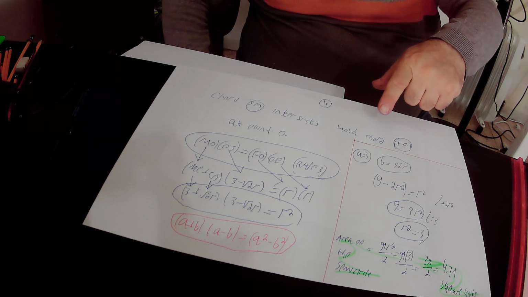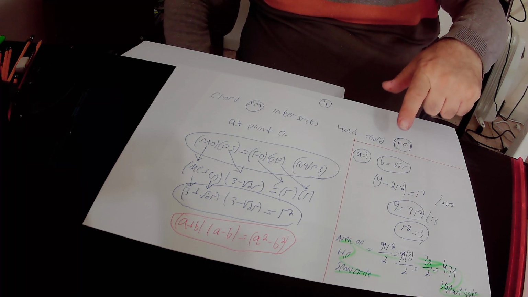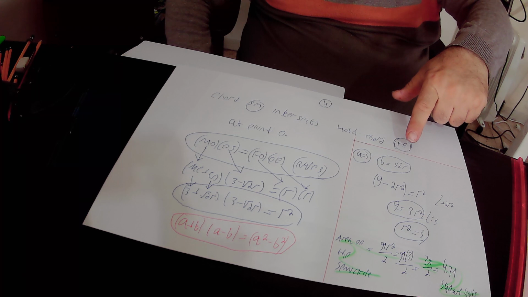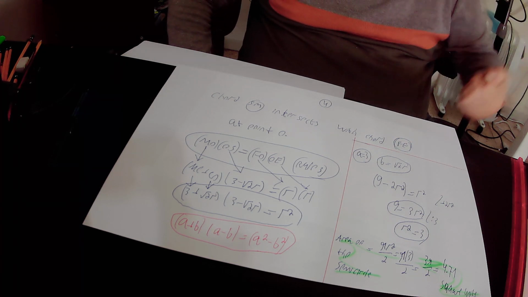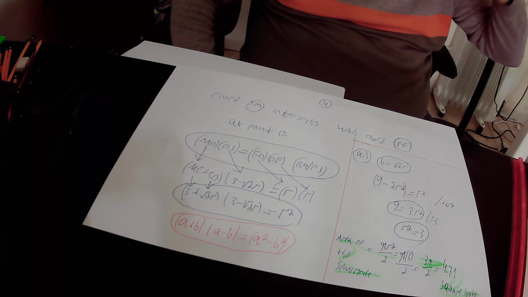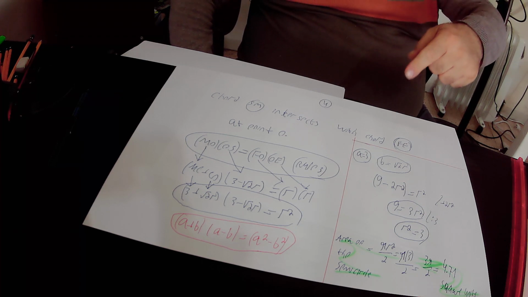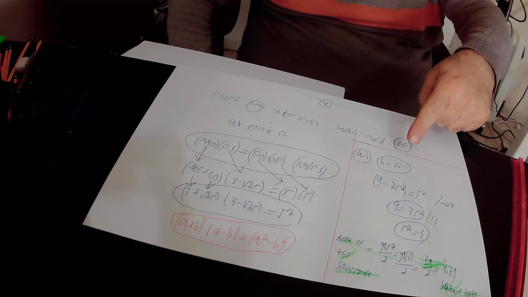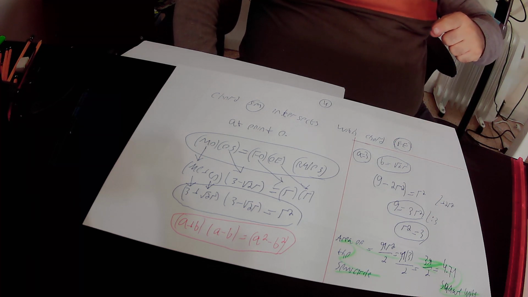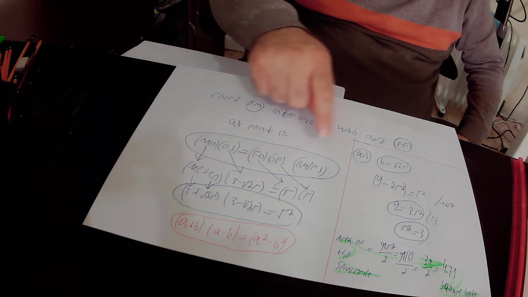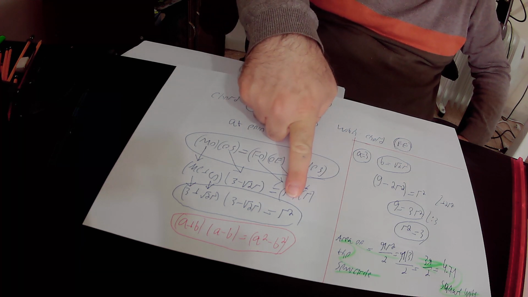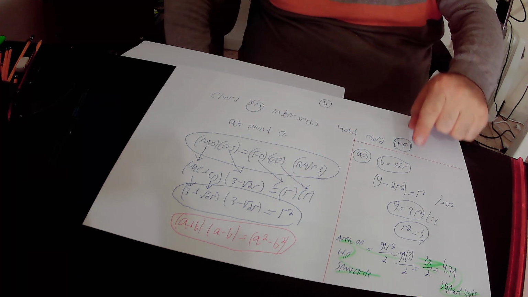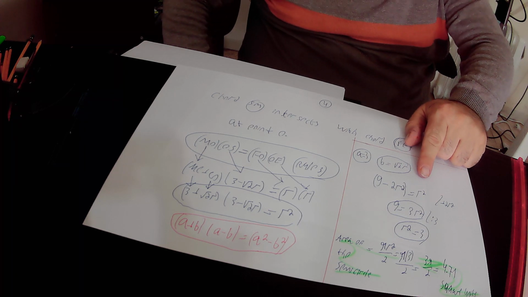A squared is 3 squared, that is 9, minus b squared. B is square root of 2R, so b squared is 2R squared. So this expression equals 9 minus 2R squared, and it is equal to R squared.